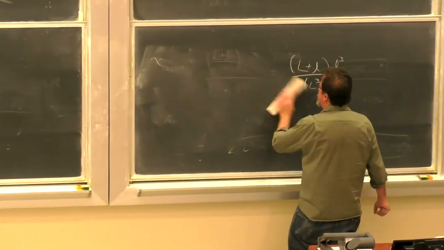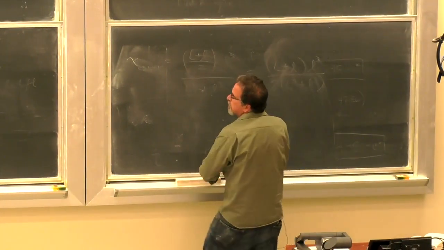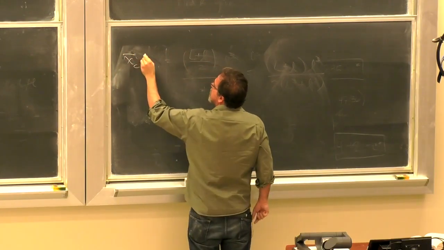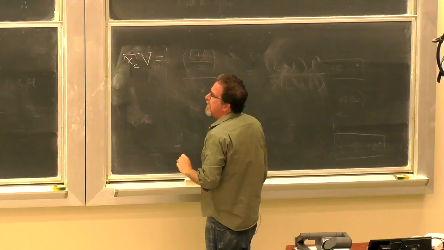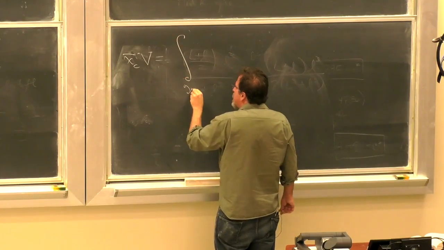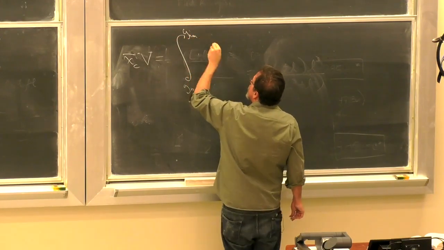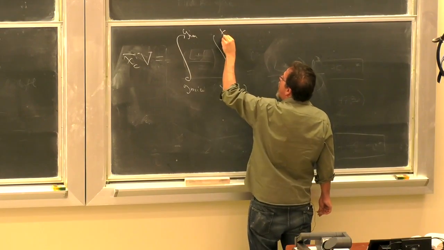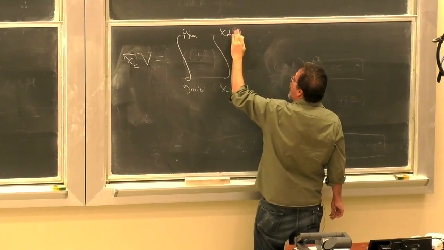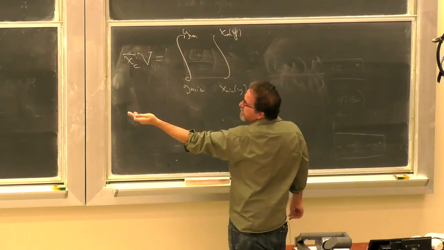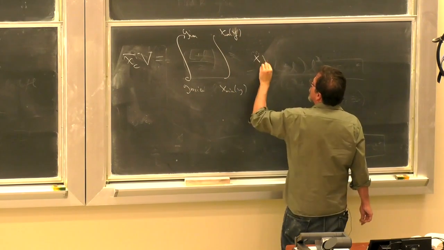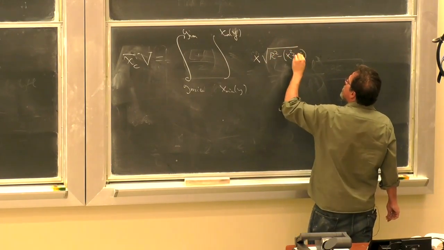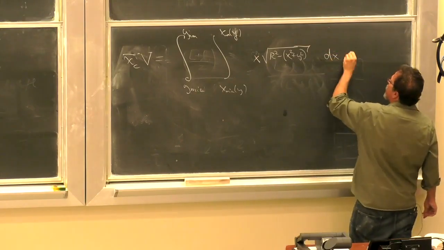The integration with respect to z yields x bar c times the volume, which is the left-hand side, is equal to the integral from y min to y max, the integral from x min, which can be a function of y, to x max, which is also a function of y. The x is constant with respect to z, and all I'm left with is the square root of r squared minus x squared plus y squared. Then I have to do the x integration, and then I do the y integration.